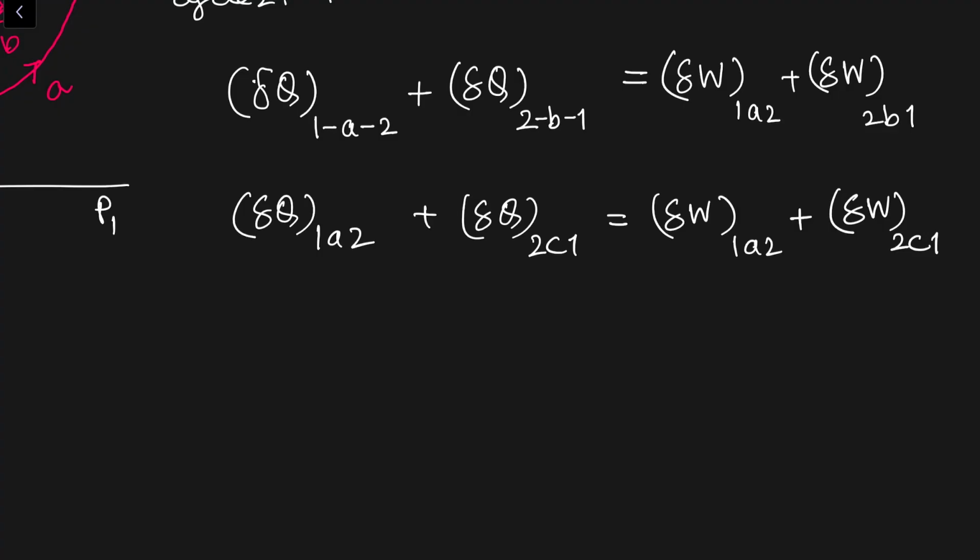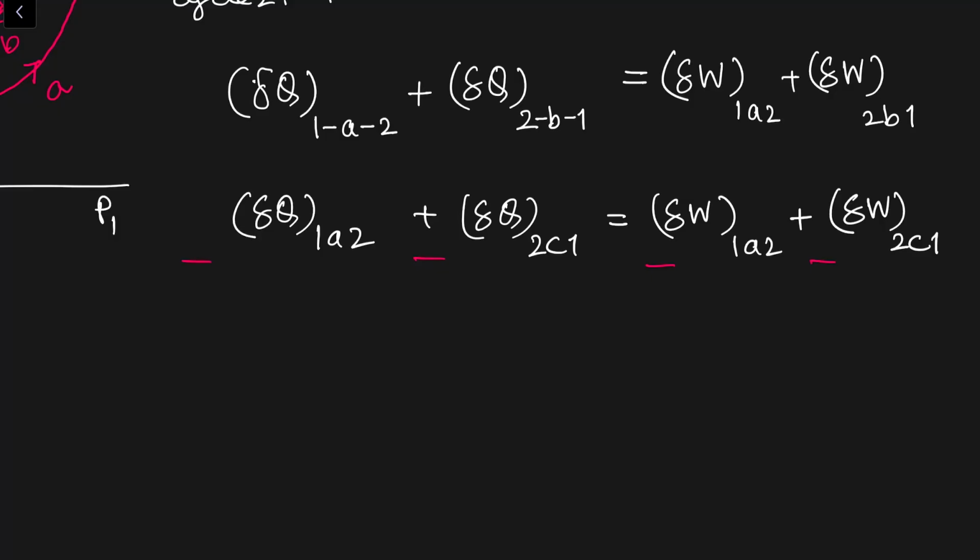And we can also note here that I am using this symbol del because heat and work are not exact differentials, they are inexact differentials. And now we just need to subtract these two equations.